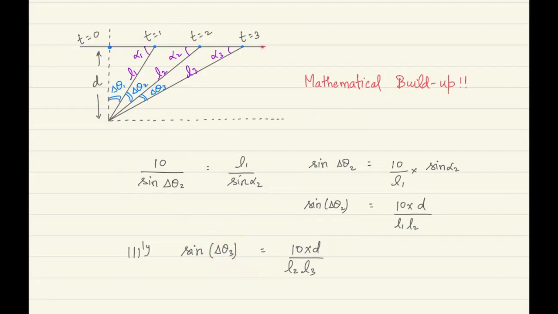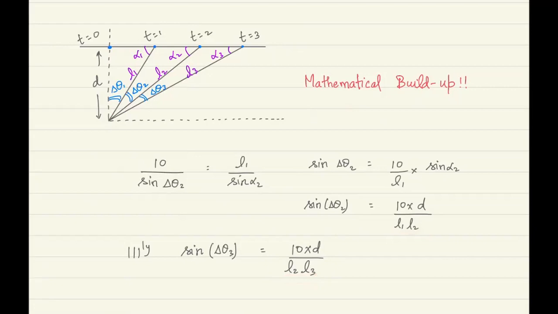As the object continuously moves farther and farther away, we can clearly say that the L1 distance is increasing, L2 distance is increasing. And in the next diagram, you see this relation: the product L2 L3 is more than the product L1 L2, because L1 L2 are smaller values in comparison to L2 L3. So L1 L2 will be lesser than L2 L3.